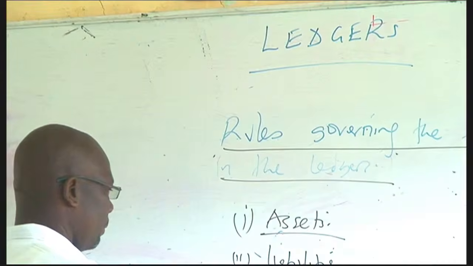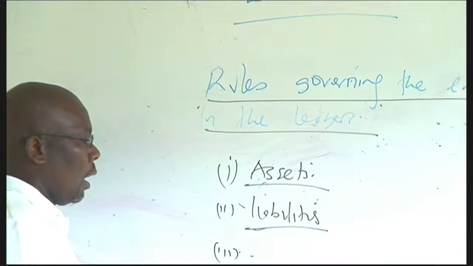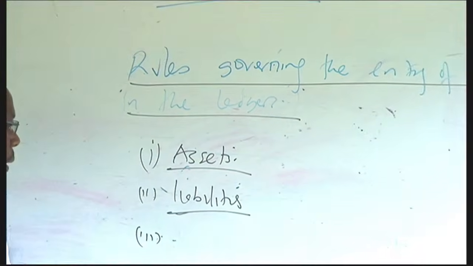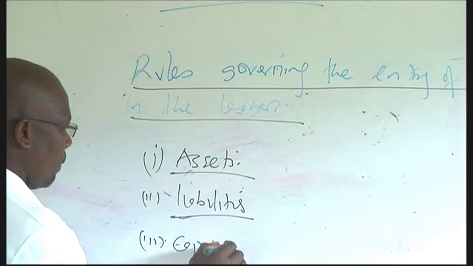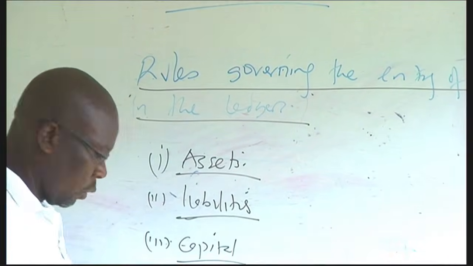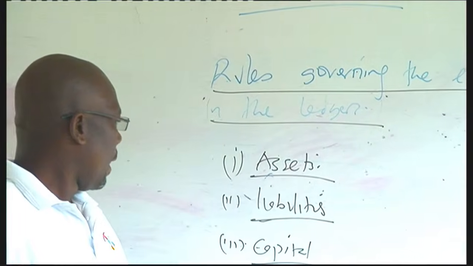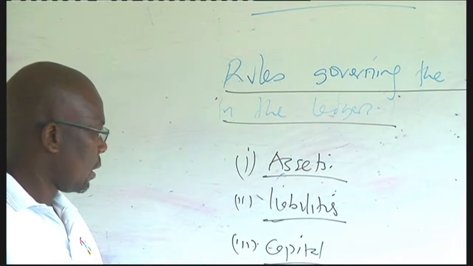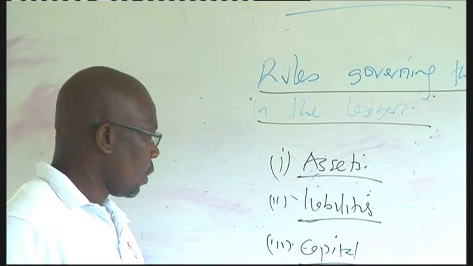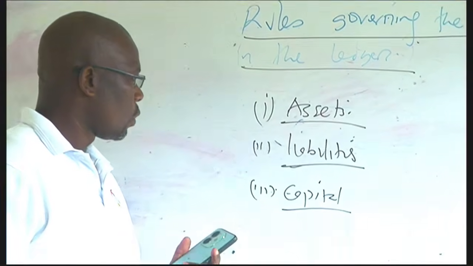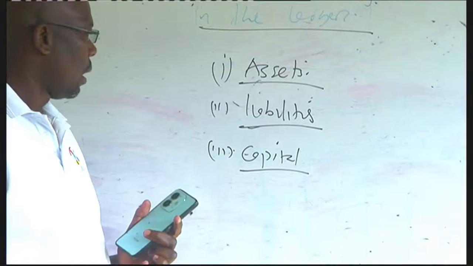Rule number 3. We will talk about capital. Capital is also an item in the balance sheet, and capital is any resource that is used to start a business.